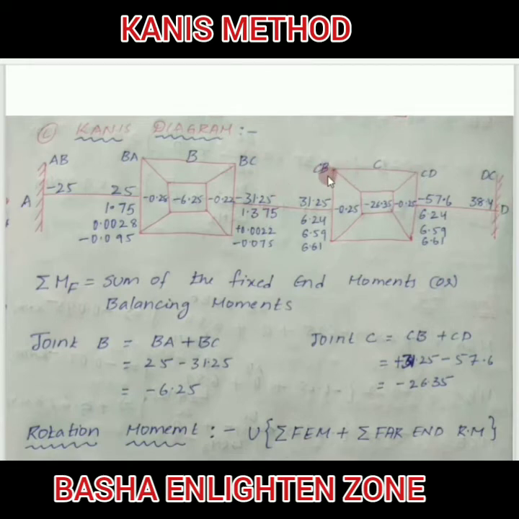Okay, for CB, BA is also far, but that is not a connecting member for this C. This is a connecting member for B. That is the reason I am not including this part. So I am including only this connecting member part. For CB, far end will be 1.375. So that is the reason I am taking 1.375 plus for DC it will be 0.